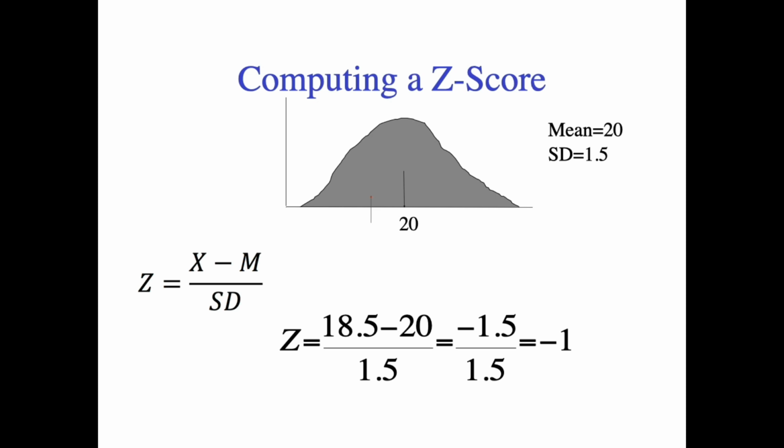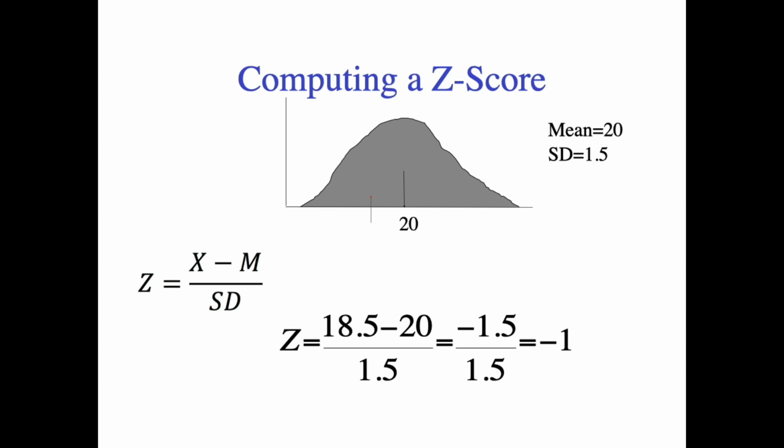That ends up giving us a z-score of minus 1. So you remember, minus 1, that's in standard deviation units. That tells us that this person's raw score is 1 standard deviation below the mean of the raw scores. And you can see there that I've drawn a little red arrow. That's just 1 standard deviation below where a person who had a score of 18.5 would be. There'd be 1 standard deviation away from the mean.